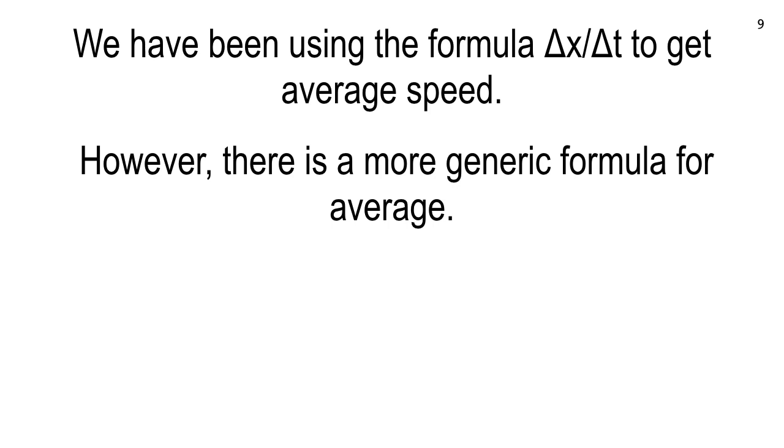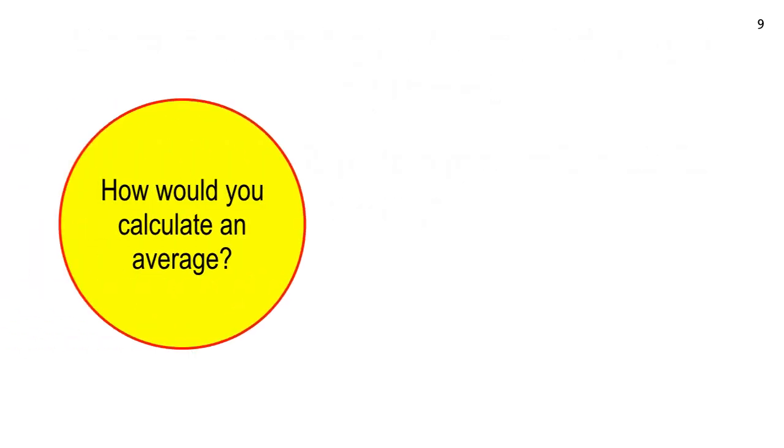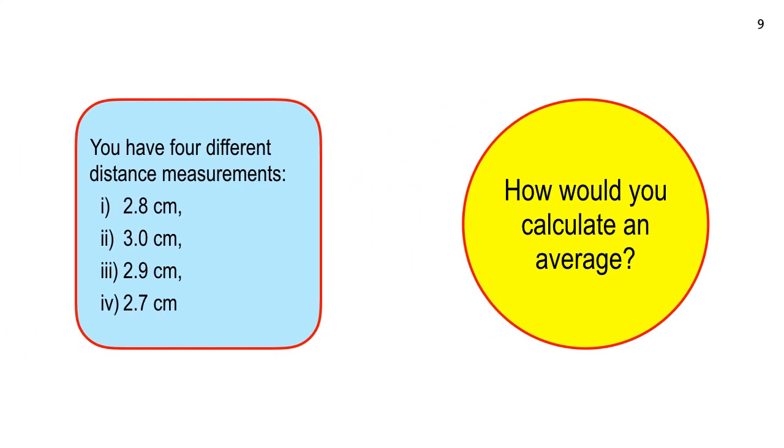But there's a more generic formula for any kind of average, not necessarily a physics velocity average, but a method of calculating an average, and you probably have done it a million times. So just go ahead and write down these 4 distance measurements. You're measuring something, like a dollar bill, half a dollar.